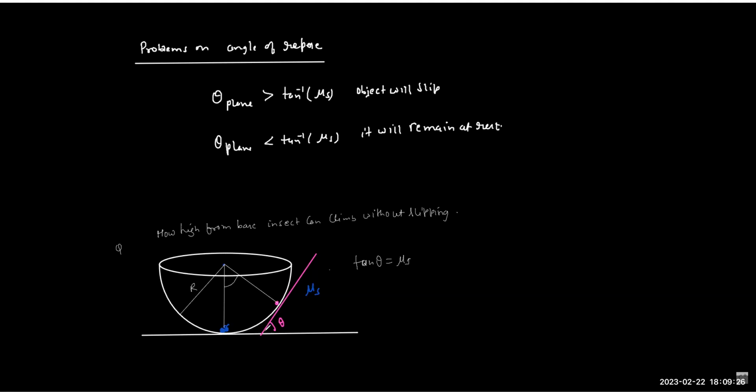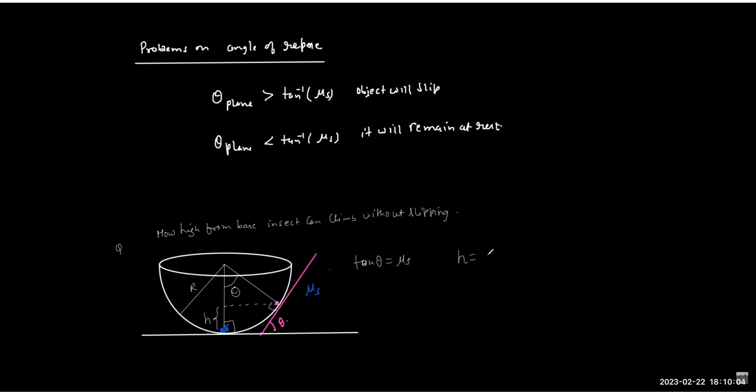Now it's a geometry problem. If you assume this angle as theta, then how much will this angle be? Can you guess? This is 90, this is 90 because these are tangents. So this angle is going to be theta only. And therefore, the height the insect can climb can be expressed in terms of theta.